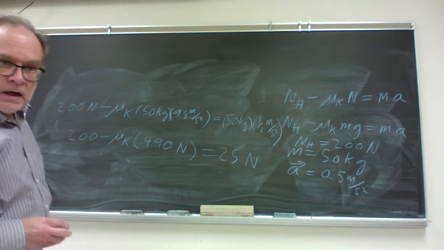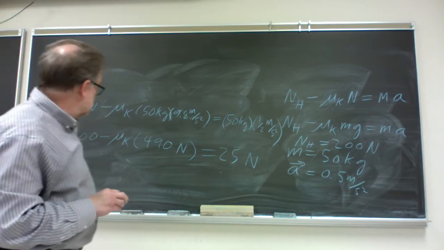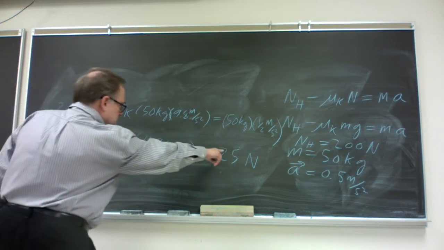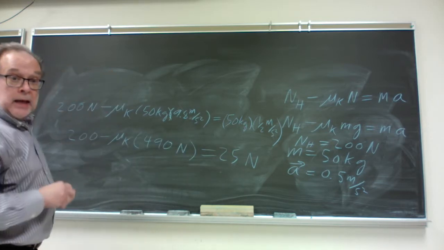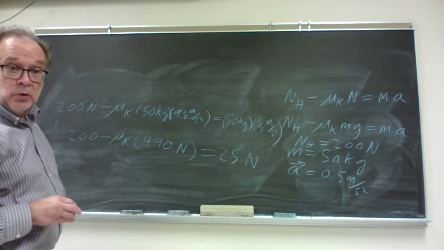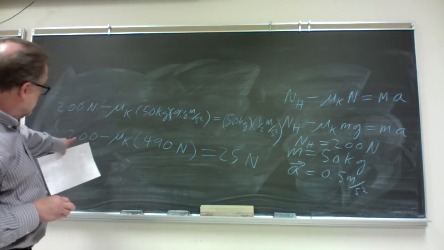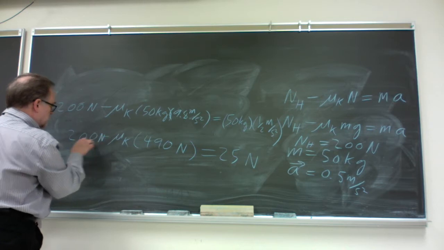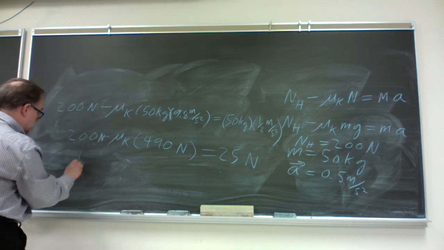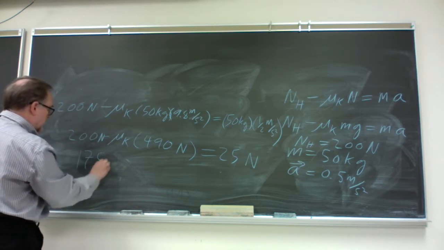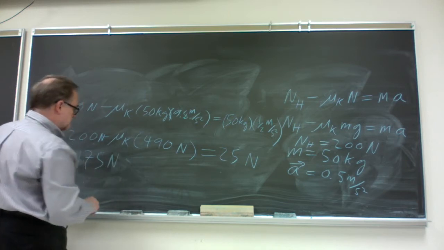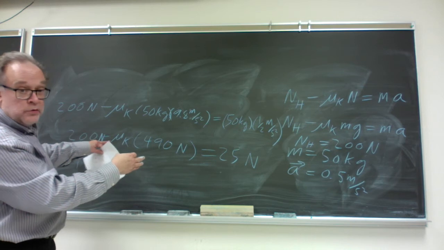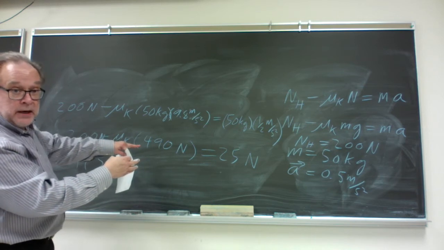Well, let's rewrite this equation in a slightly simpler way. I subtract 25 from both sides of the equation, and after you subtract 25, remember this was 200 newtons, and I've got 175 newtons. And then let's add coefficient times 490 to both sides.